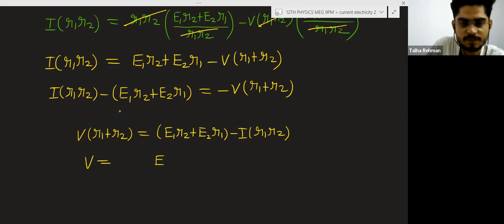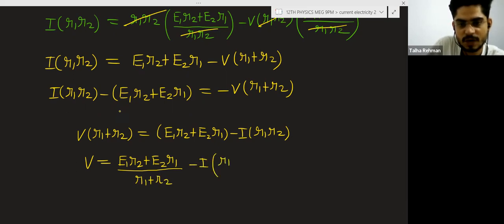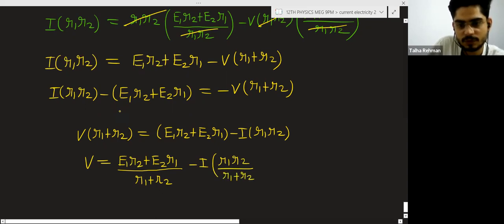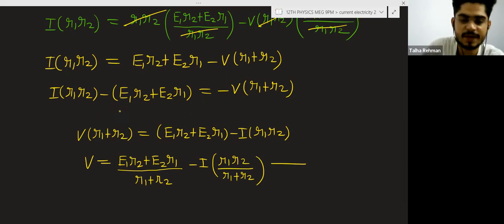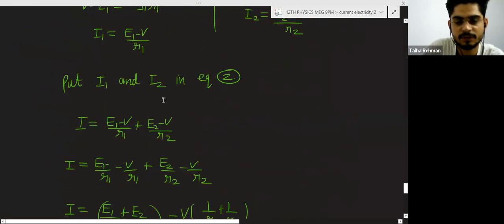So this will become V equal to E1 R2 plus E2 R1 divided by R1 plus R2, minus I into R1 R2 divided by R1 plus R2. So this is our final equation, and this is equation number 3.